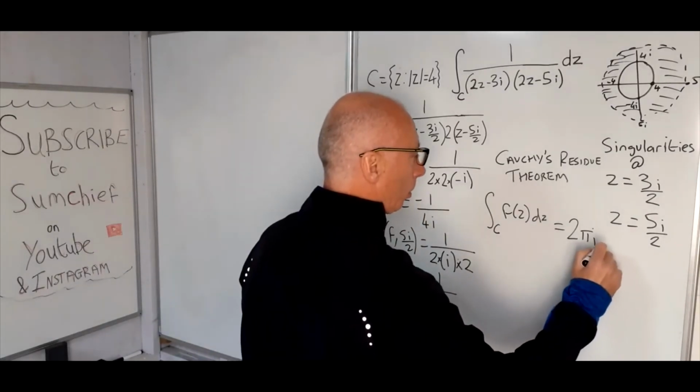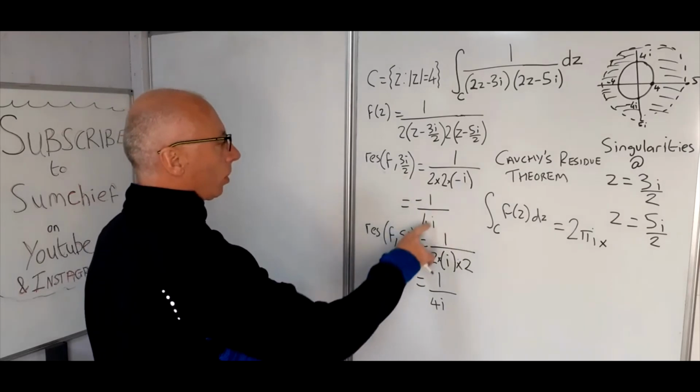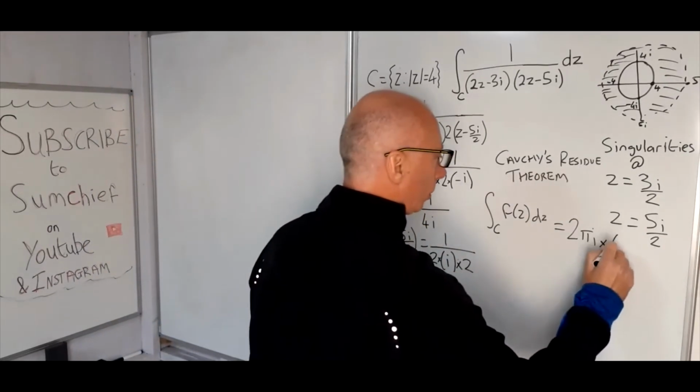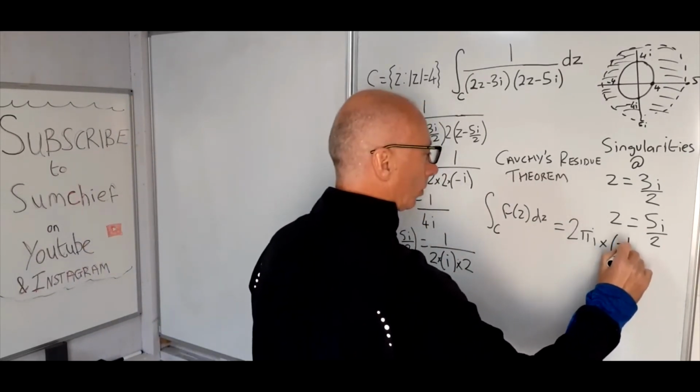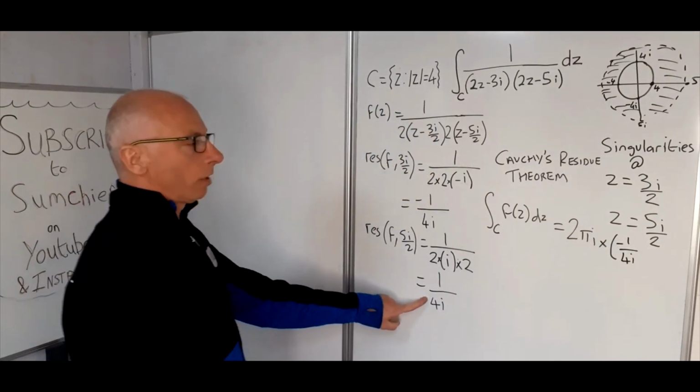So we multiply by residue of f at 3i over 2, which is minus 1 over 4i, plus 1 over 4i.